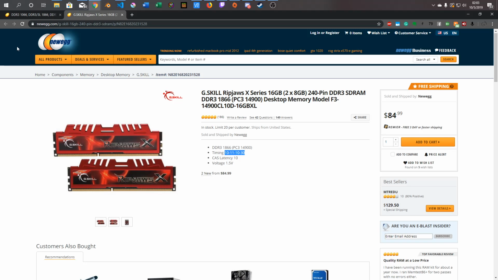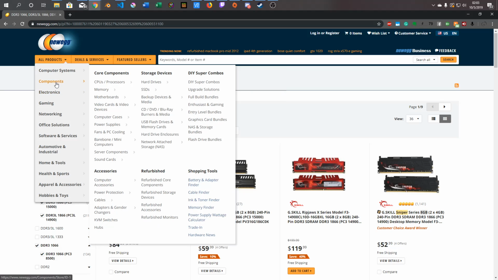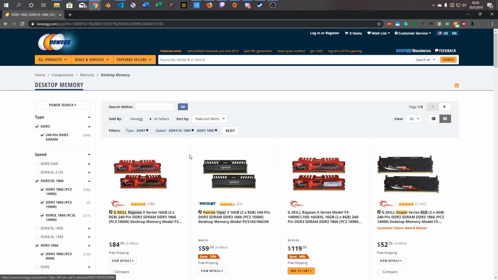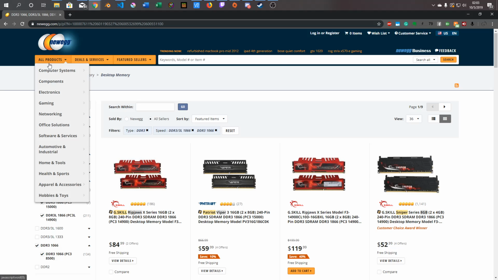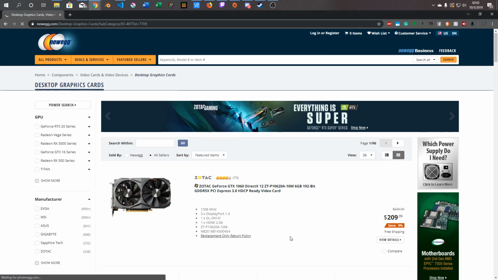And then, like I said, the graphics card, you just want to look for video cards. Wait, I clicked on that, didn't I? Components, video cards, desktop graphics cards. Okay.